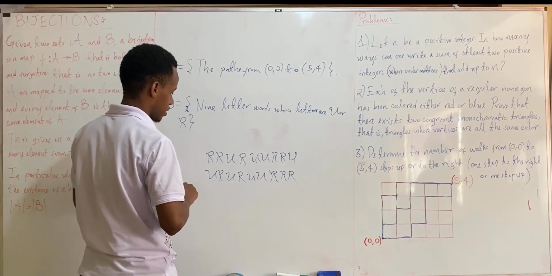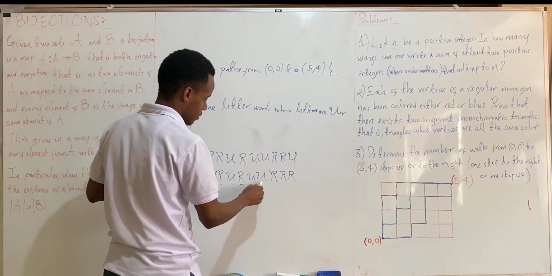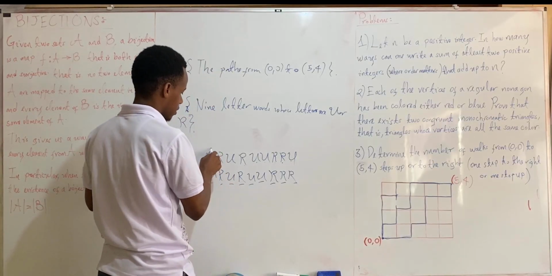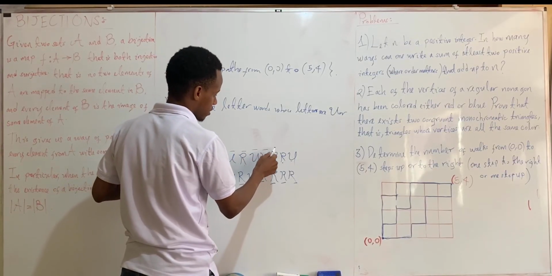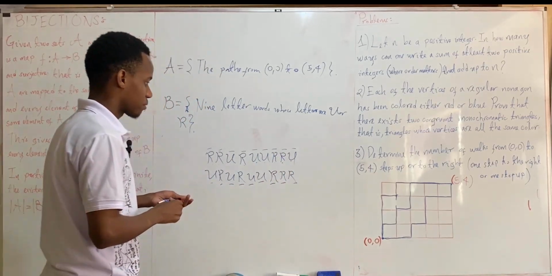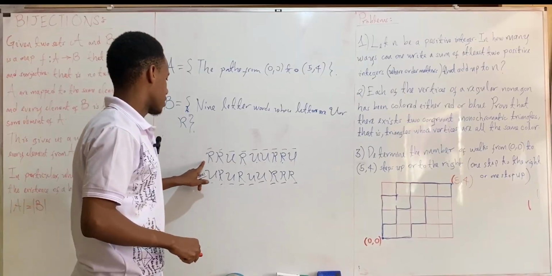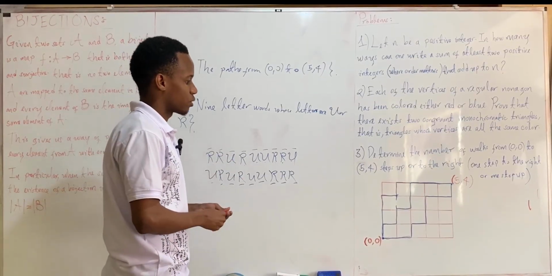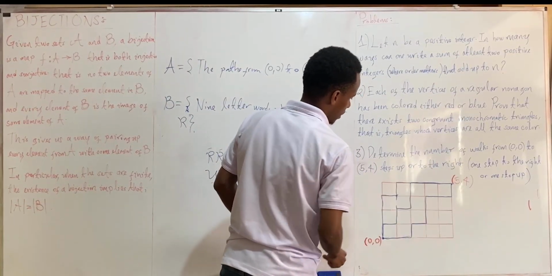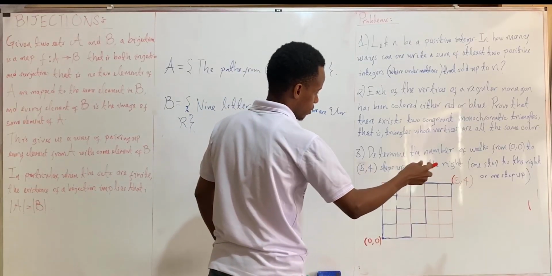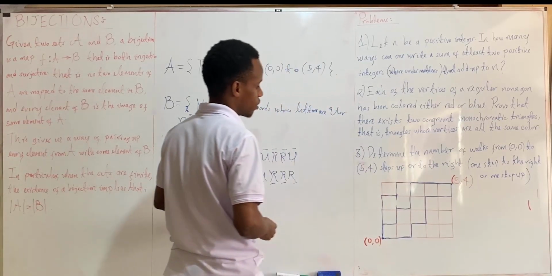How many letters? So it has 1, 2, 3, 4, 5, 6, 7, 8, 9. So it always has a length of 9 words. And you always have either R's or U's, depending on the turn which this path takes. Either it goes to the right or it goes upwards.